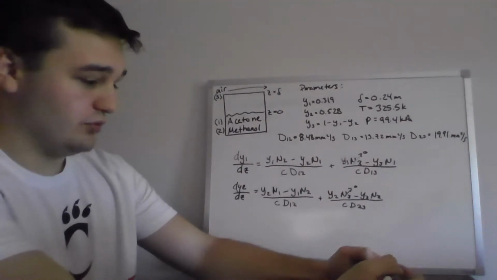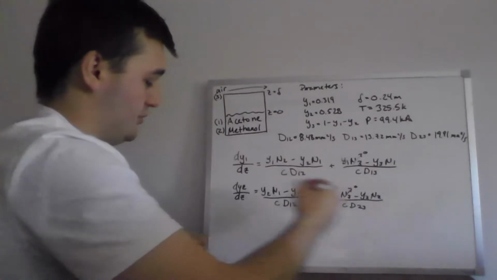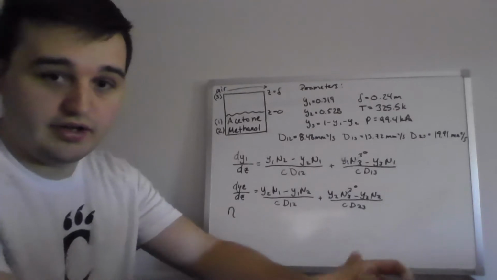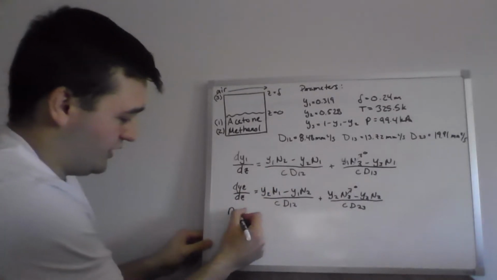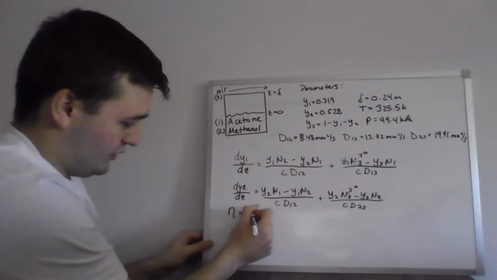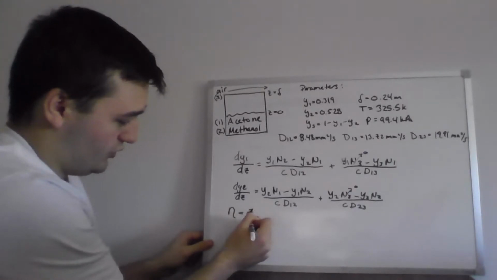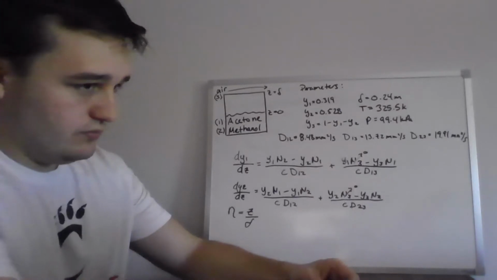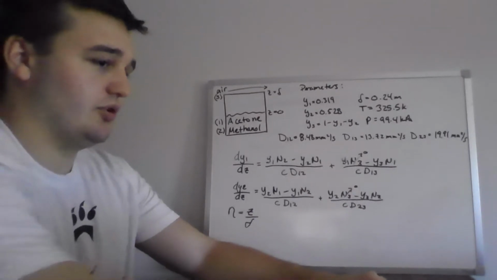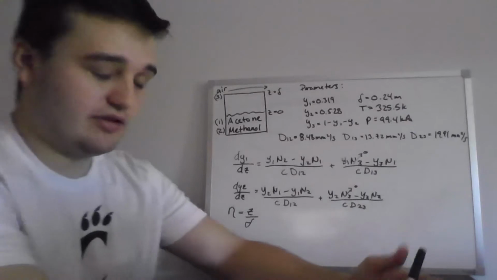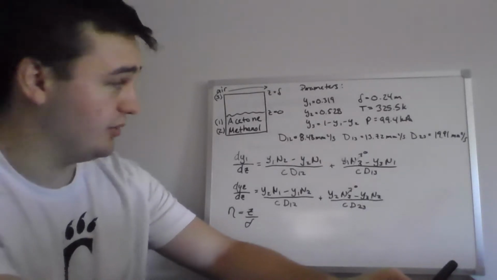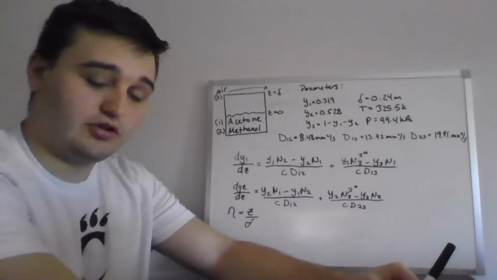So we need to create a new term, and that is going to be eta. It's kind of like a weird n looking thing, and we're going to define eta as z over delta. By defining eta as z over delta, we're doing two things. We're scaling the variable z.